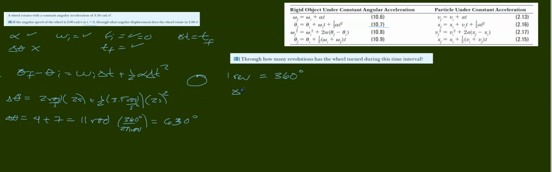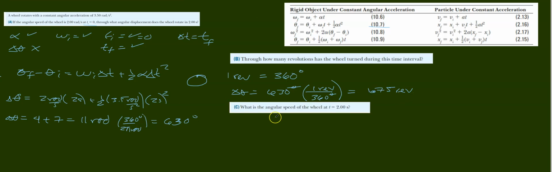So this delta theta of 630 degrees, we can say that 360 degrees is one revolution, and this gives you 1.75 revolutions. The degrees cancel, so 630 over 360 gives 1.75 revolutions.